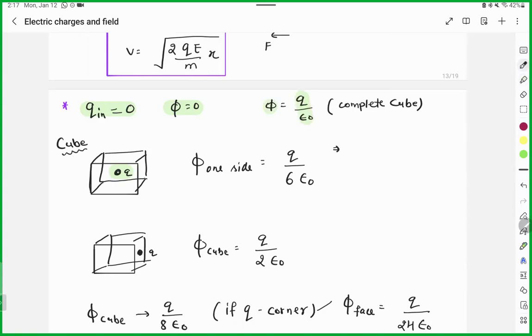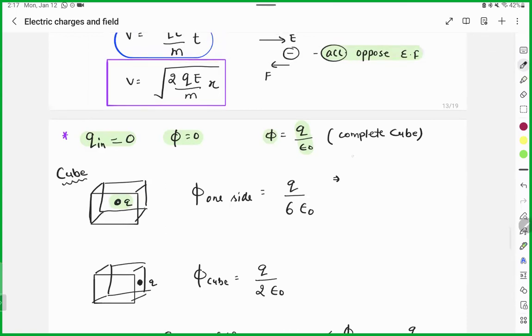How many sides do we have in a cube? Six. So one cube has six sides. Example, your room is like a cube.